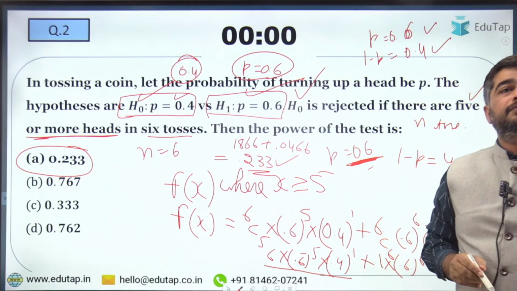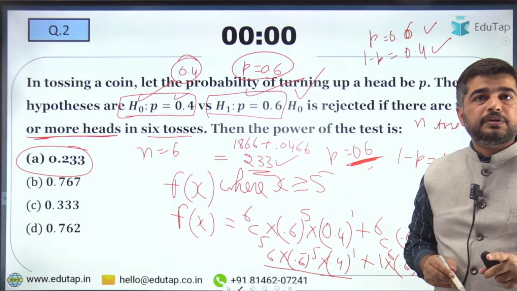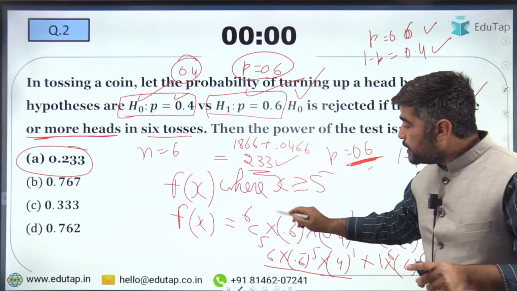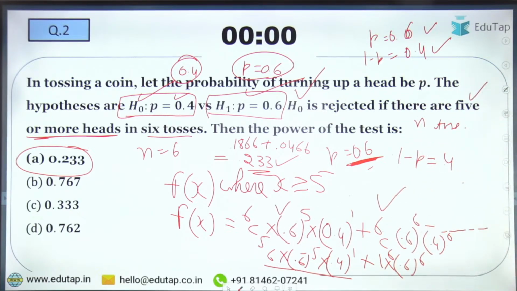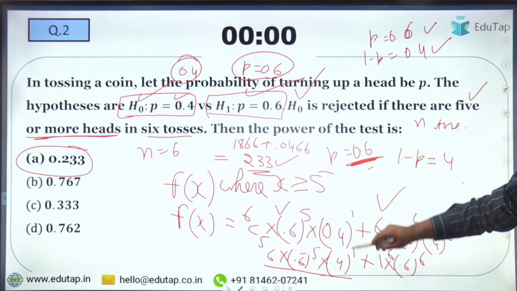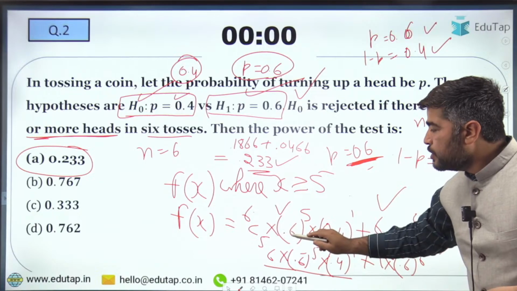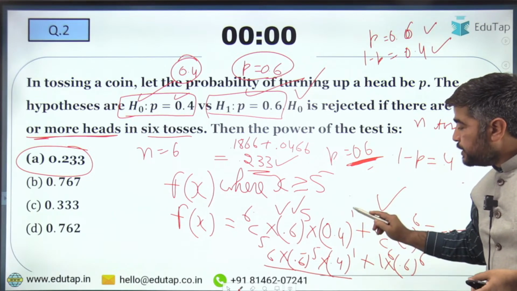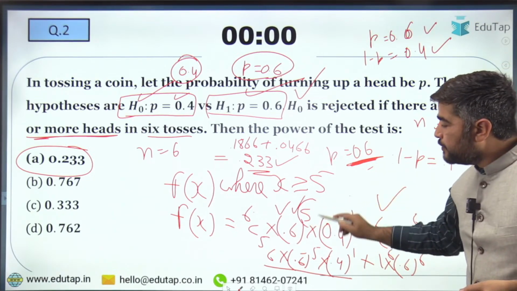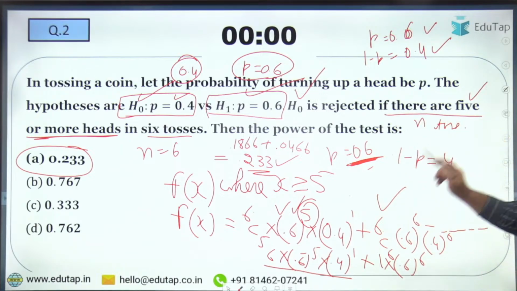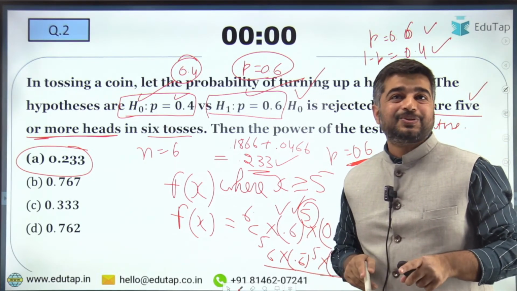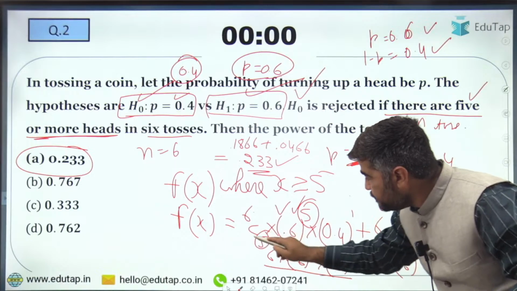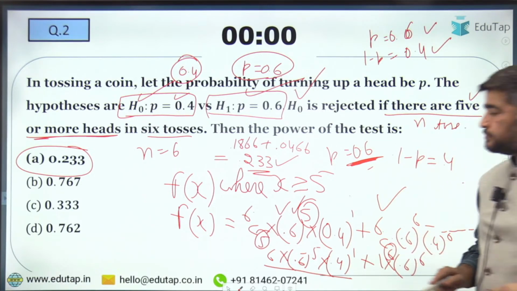On the basis of this, you have to calculate your probability distribution, and when you open the probability distribution of binomial distribution, that will be 6C5 into 0.6 raised to power 5. This is p raised to power 5 into 1 minus p raised to power 1. Why did we take 5 only? Because there are 5 or more heads in 6 tosses. So n is 6, r is 5 or 6. Clear? Next.